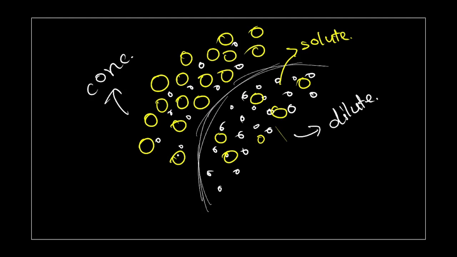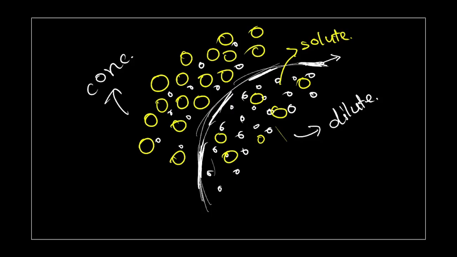Now, obviously, there's going to be diffusion, but in this case, we will call this what we just learned, and it is osmosis. As I've already told you earlier, remember that this one is the partially permeable membrane.